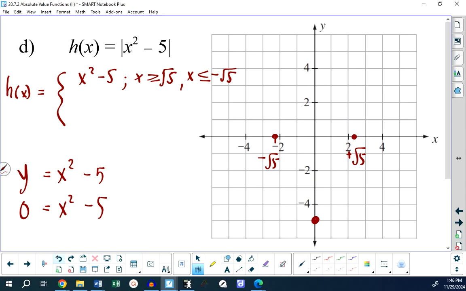But if x is wedged between negative root 5 and positive root 5, then we have to multiply the argument of the absolute value function. In other words, we have to multiply x squared minus 5 by negative 1.